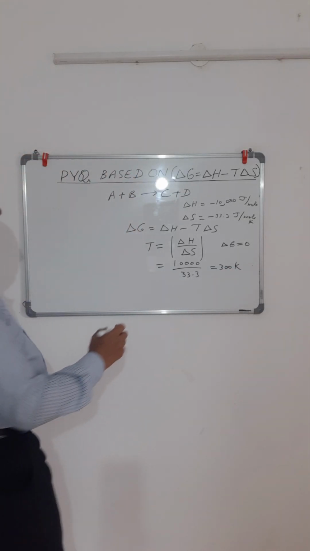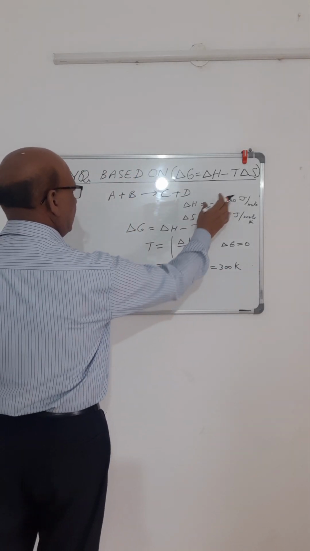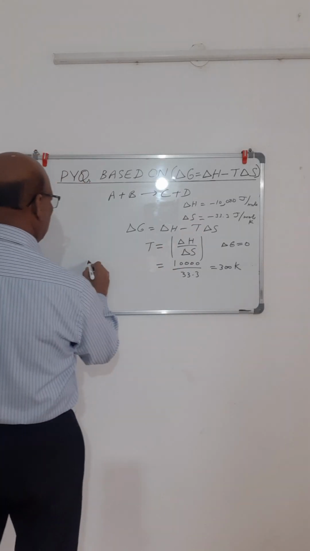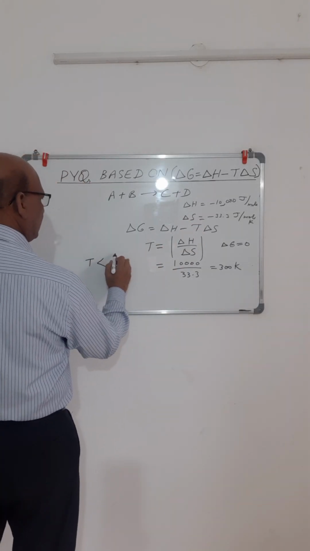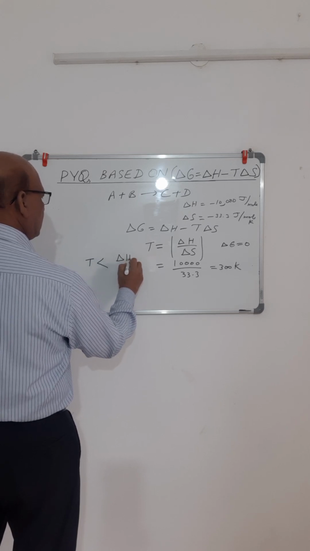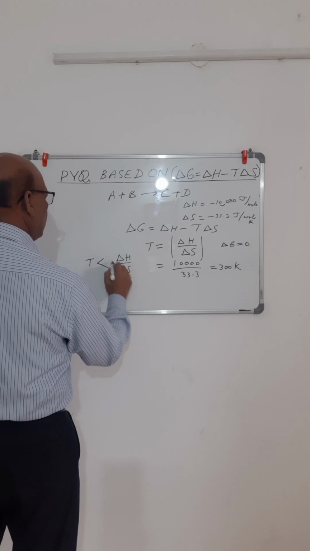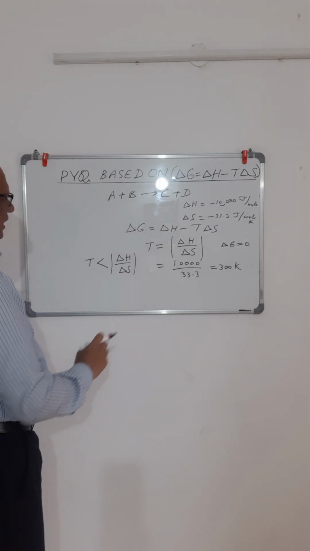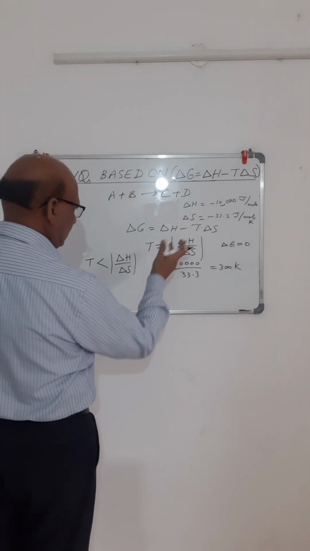Okay, now we know that this is an exothermic reaction. So we know exothermic reactions are favored when temperature is less than delta H upon delta S, because in this case delta G will become negative and the forward reaction will be favored.